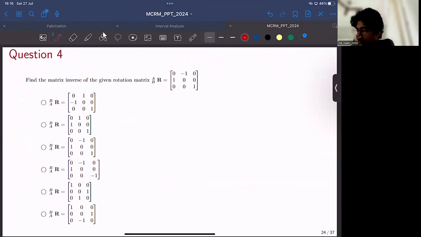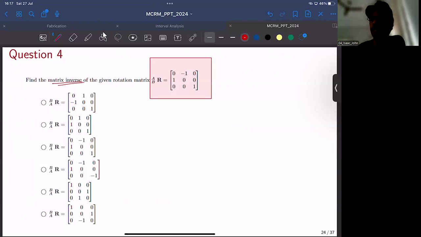So question 4 is also another question on rotation matrices. You have been given a rotation matrix ARB as such, and you are asked to find the inverse of the rotation matrix. If you can recall, the rotation matrix is an orthogonal or orthonormal matrix, right? This is applicable for all rotation matrices, but if you are in doubt, you can always check that the norm, the length, of each of these columns individually is 1.